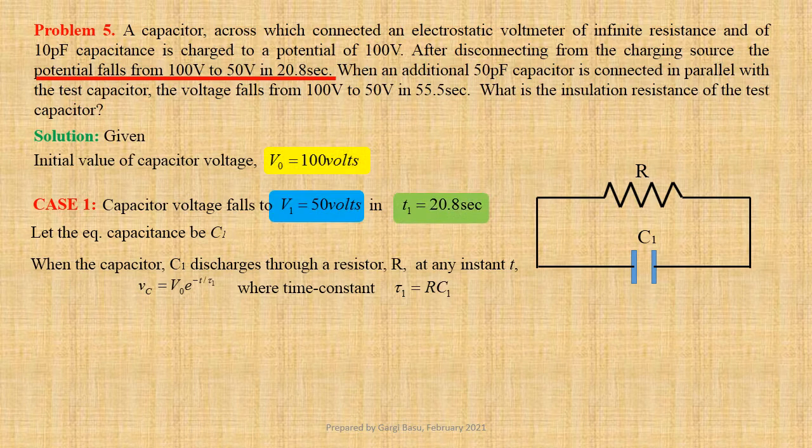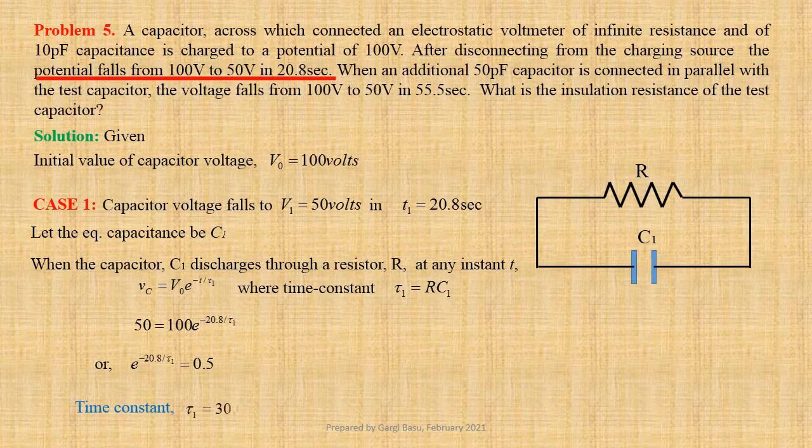Putting values, we get 50 equals 100 e to the power minus 20.8 by tau 1, or e to the power minus 20.8 by tau 1 equals 0.5. Therefore, time constant tau 1 equals 30.0081 seconds.